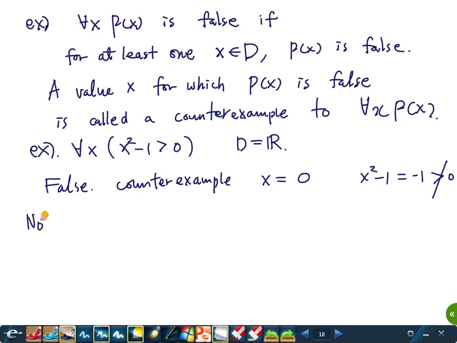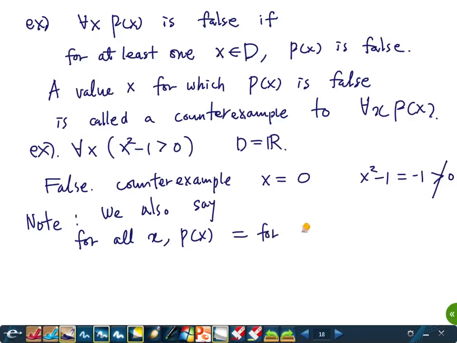There are many different, similar ways to say this. They all mean the same thing. We also say for all x, p of x, or for arbitrary x, p of x. In mathematics, people often say this or this.